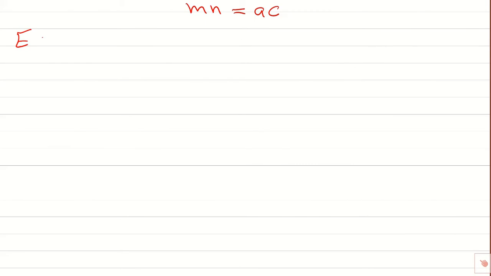Okay, now let me go through one example and see the details. Example here: I would like to factor this quadratic: 3x squared plus 4x minus 7. So the best way is to multiply everything by 3.